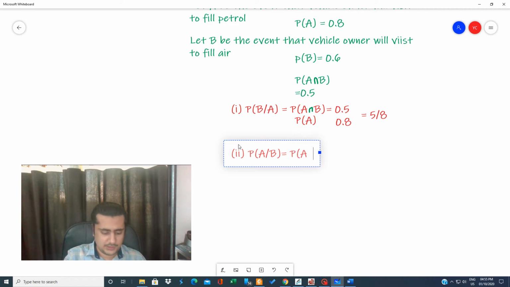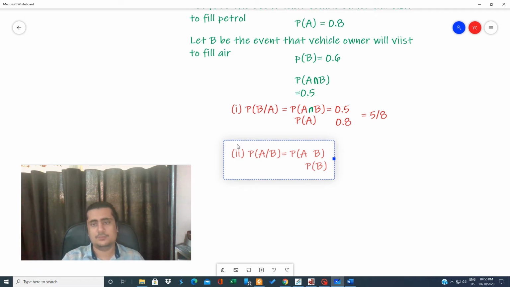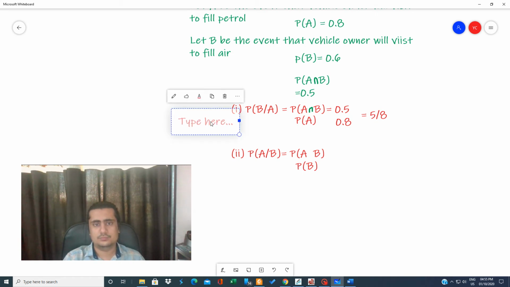It's P of A intersection B upon P of B. Let us do the intersection.